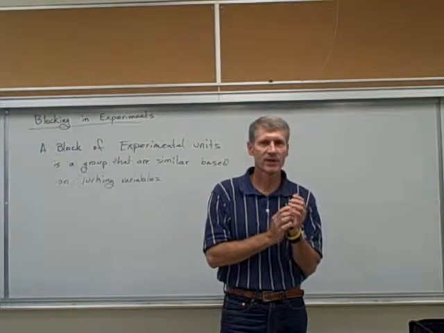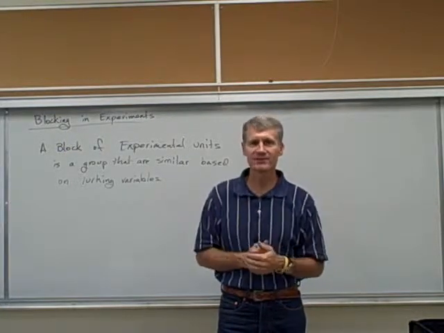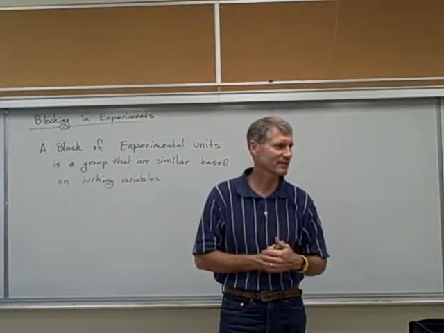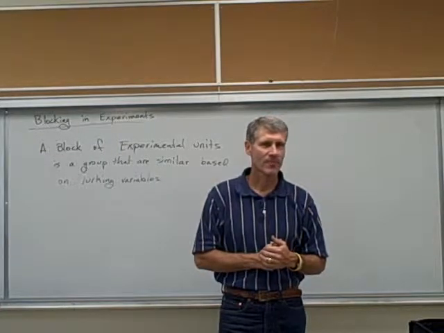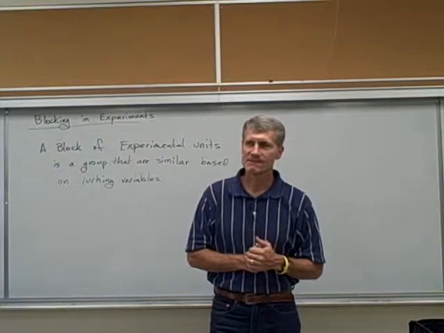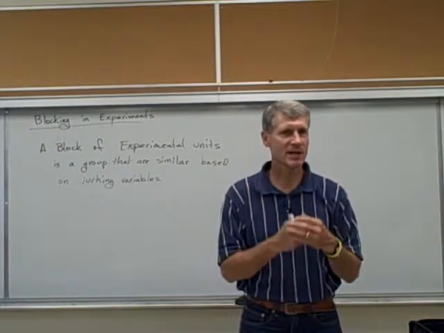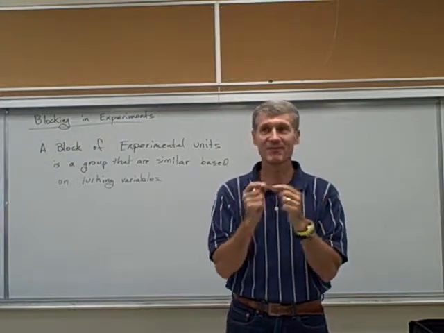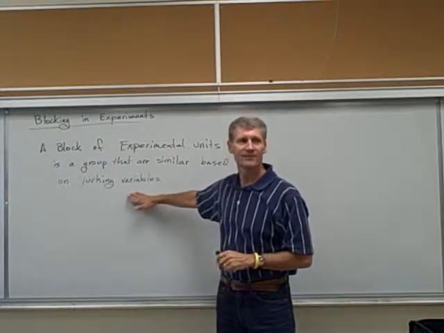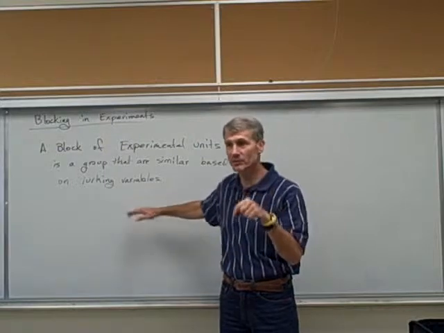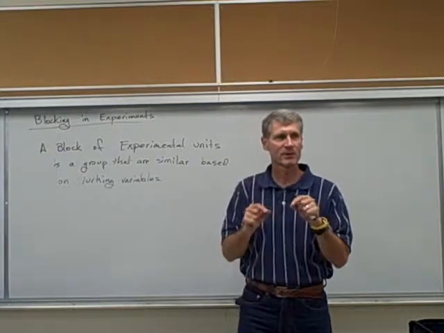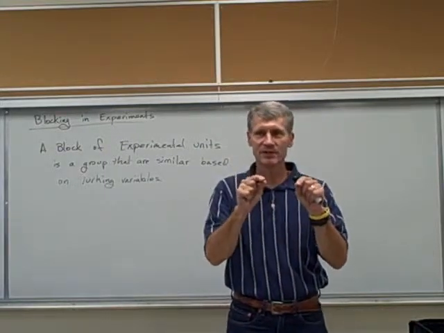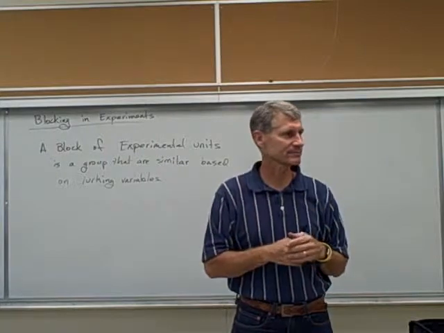So here I have 100 people, which means I got 200 eyes that I can put solution in. The 2 eyes that come from the same person are going to be very similar for all those lurking variables. So the person becomes a block. The experimental unit is part of a person, so the person becomes the block.